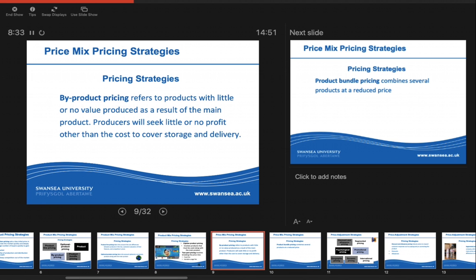By-product pricing refers to products with little or no value produced as a result of the main product. Okay, so what we're talking about here is selling something that has very little value in itself, but then the main revenue and the main profitability comes from the associated products that come with that.